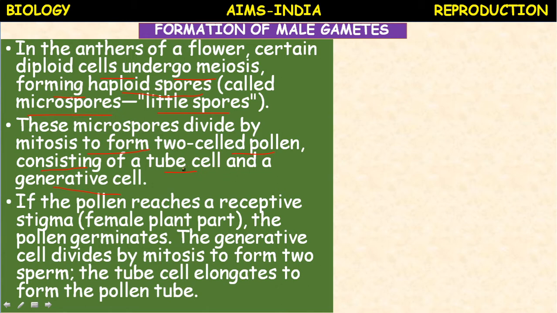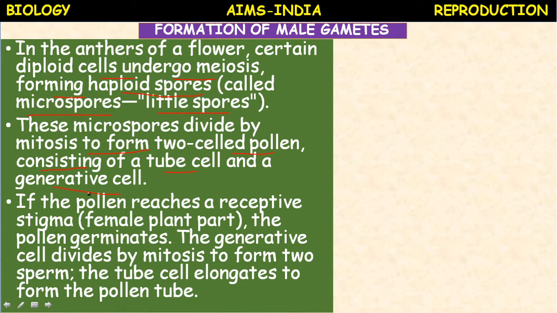Here the tube cell and generative cell. So, the bigger one is the tube cell or vegetative cell and the smaller one is the generative cell. The vegetative cell is bigger and has abundant food reserves and a large irregularly shaped nucleus. Okay, in the diagram we can see.